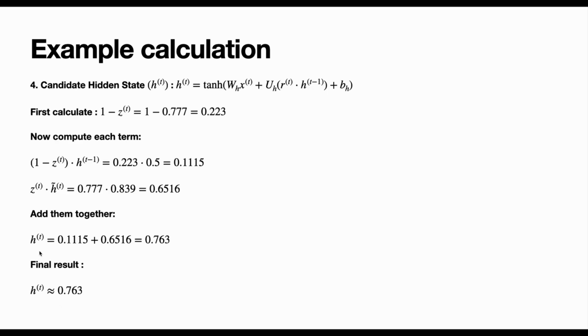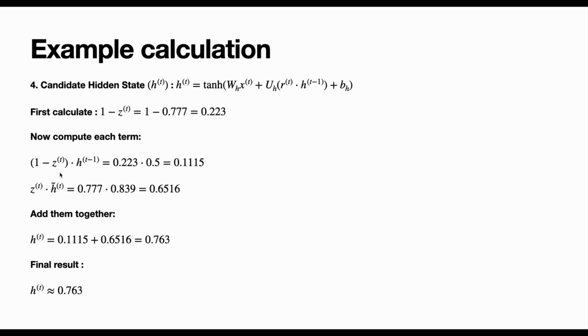This slide demonstrates the calculation of the final hidden state in a GRU, which is a combination of the candidate hidden state and the past hidden state, controlled by the update gate. 1. Step-by-step process. First, the update gate determines how much of the past hidden state should be retained. In this example, about 22.3% of the past hidden state is kept.